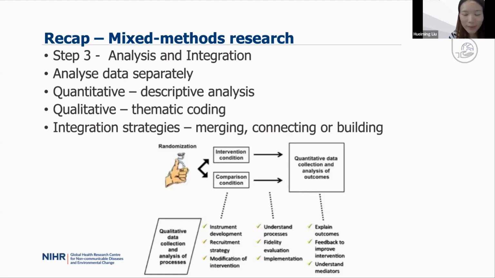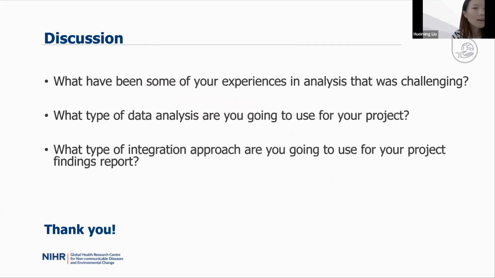And also, at different time points, what can be better used for you to understand the process and the quality of the implementation, as well as to further reflect and guide you to improve the study design or to improve the intervention. So I think now that's the end of the training session for the data analysis and integration.